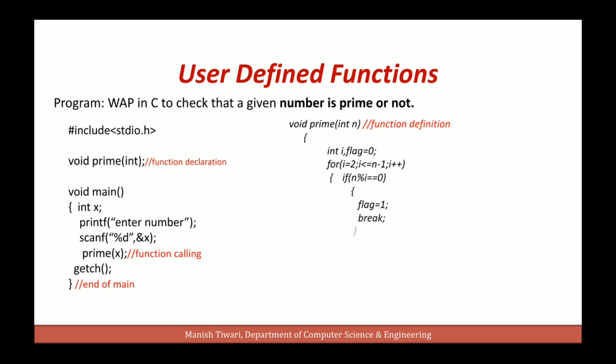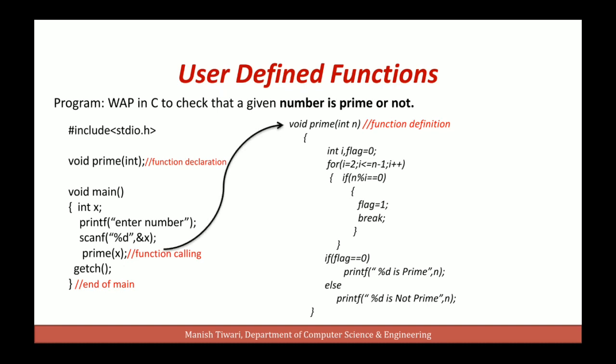If we find any i which can divide n, the flag will be set to 1, and we will use break so that we can come out of the loop, and after the loop we will check the value of flag. If it is still 0, that means n is prime, otherwise n is not prime, and you know the value of n will be equal to the value of x. So when this function is called, it will be executed with the value of x, which will now be stored in n. So by this way we can make this program.